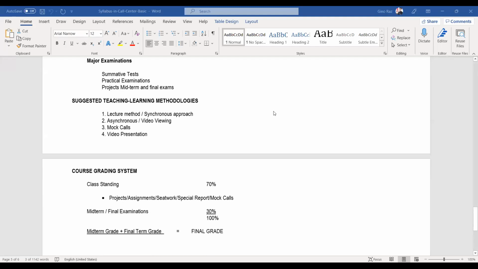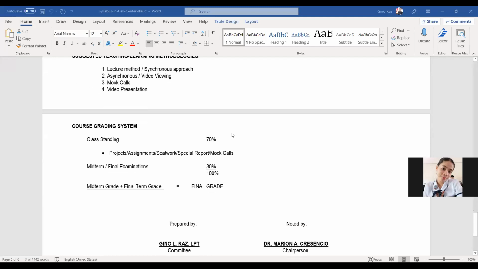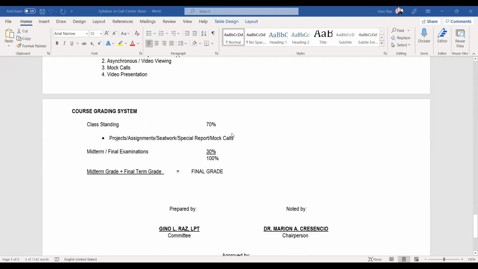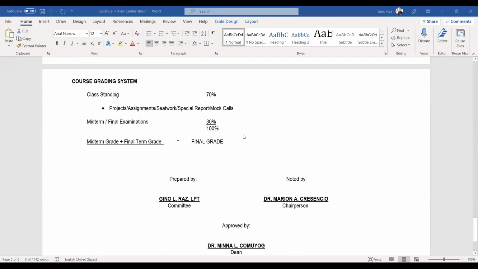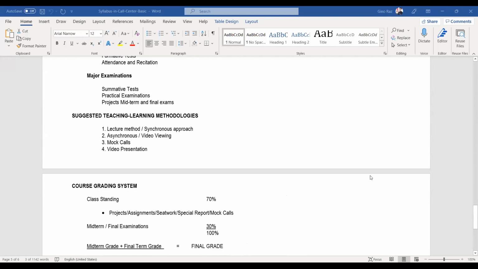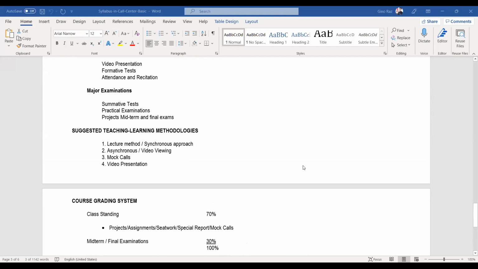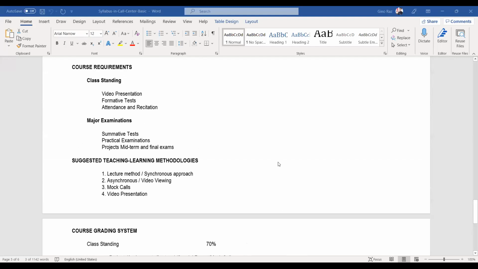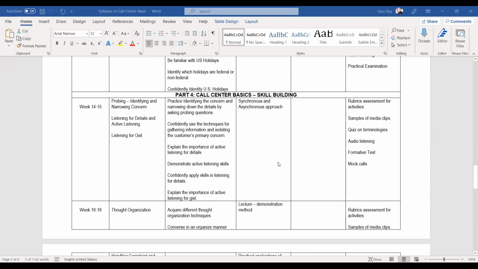So, same pa din, class standing is 70%. That includes mock calls, seat work, or mga Google form na papasagot ko sa inyo. Then, lastly, the final assessment will consist of 30% of your final grade. Okay, so that's what's inside the syllabus.